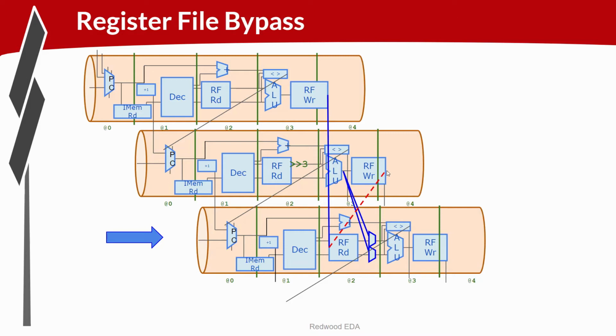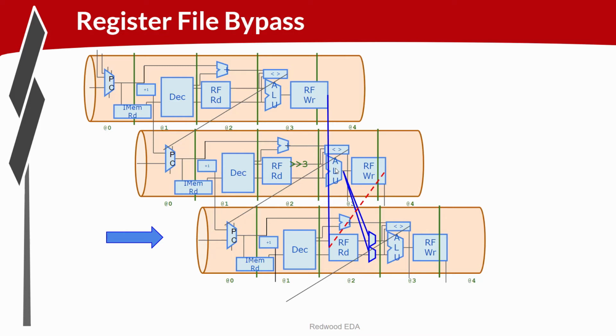So the red dotted line here is indicating the issue that we currently have. So we're going to remove that path and introduce a better solution. The situation we have is that we don't have time to write the register file in the previous instruction and read it in this instruction.